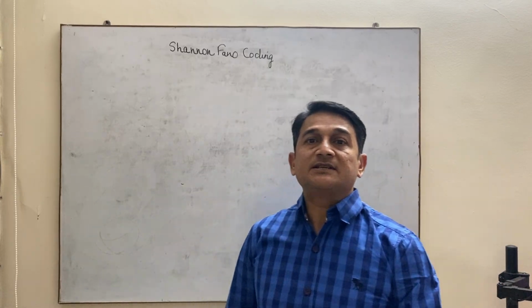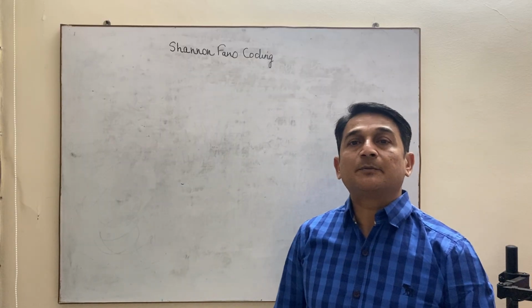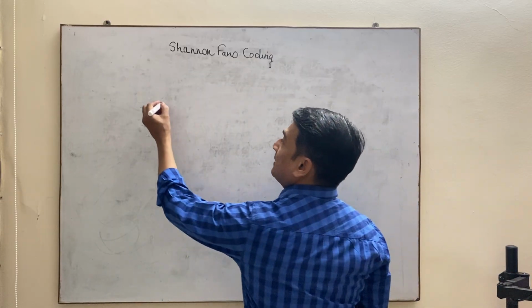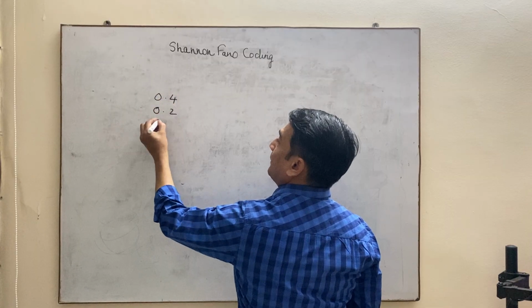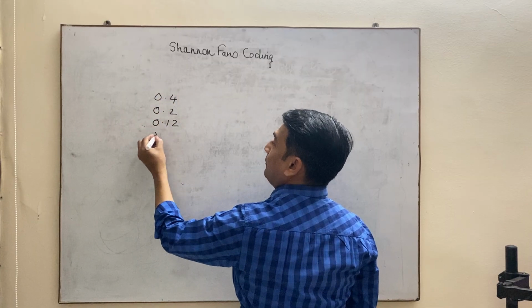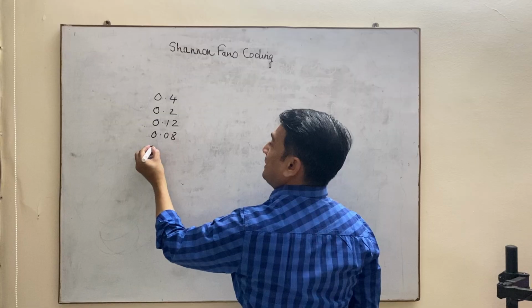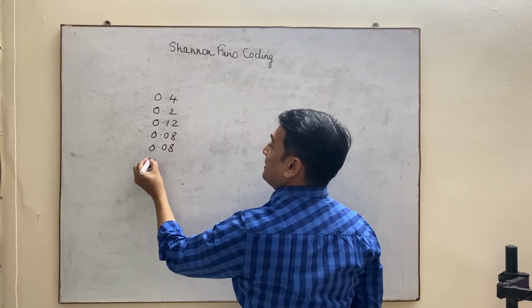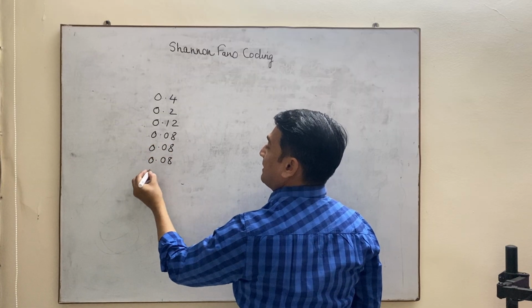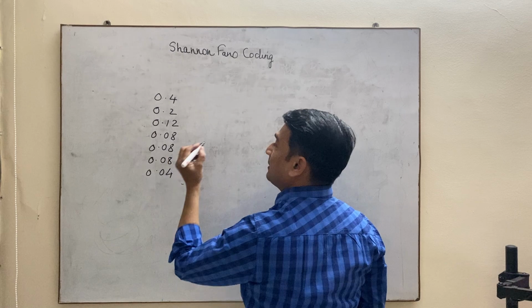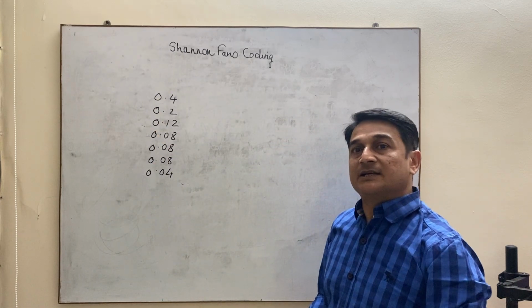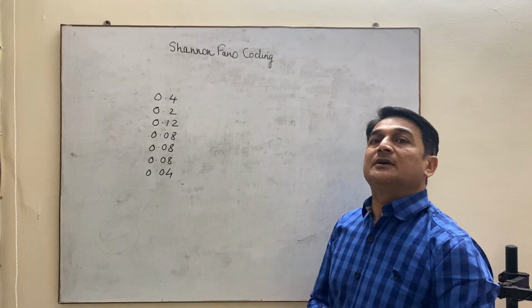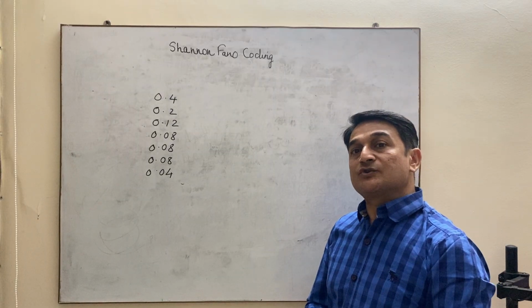So as per step 1, we arrange the probabilities in decreasing order: 0.4, 0.2, 0.12, 0.08, 0.08, 0.08 and 0.04.